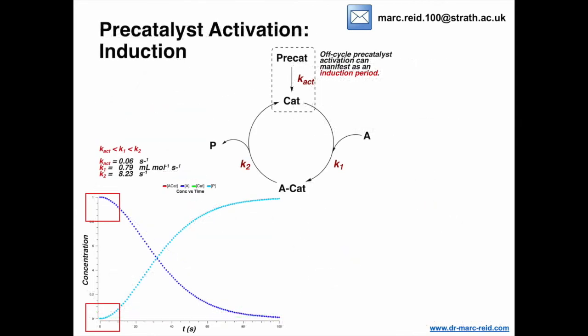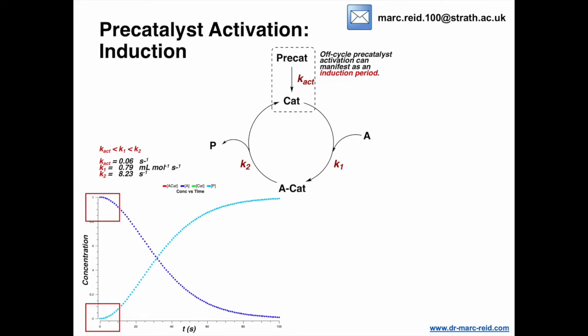From catalyst resting states, we now move on to another interesting phenomenon in catalytic reactions. To understand this new phenomenon, we need to consider a slightly more complex case. In the catalytic cycle shown on this slide, we have now added a catalyst activation step. The off-cycle precatalyst undergoes a transformation that releases the on-cycle active catalyst.